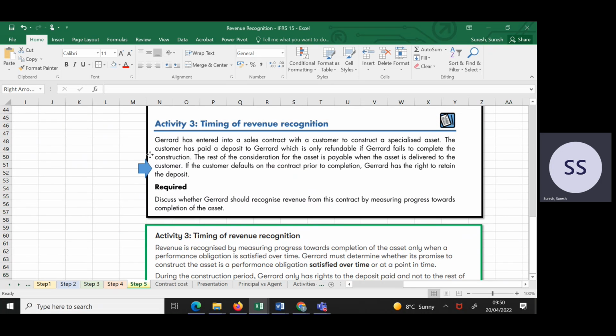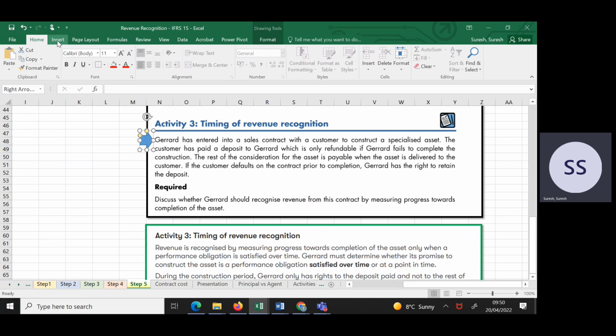Here, Gerard has entered into a sales contract with a customer to construct a specialized asset. So there has been a contract between Gerard and a customer to build a specialized asset, right? Now the point that we need to focus on here is the performance obligations.